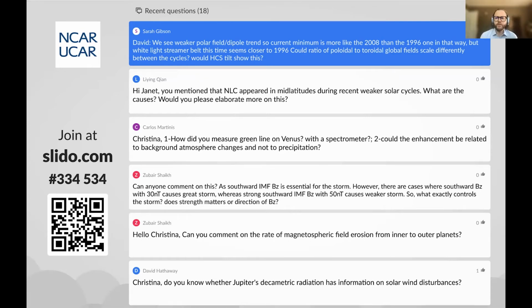But real quick, Juliana, I know you've raised and lowered your hand a few times. Did you want to add something to this? I have a question for Yiming, and I agree with you. We really need to model, because sometimes your intuition doesn't really capture the complexity of the sun. But we had some active regions in the middle of the minimum for this cycle.